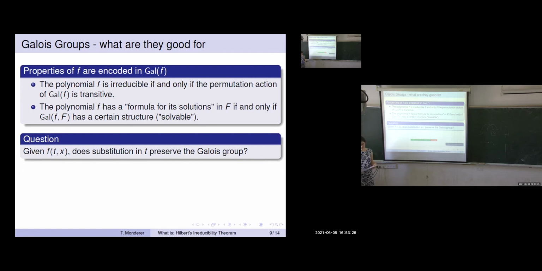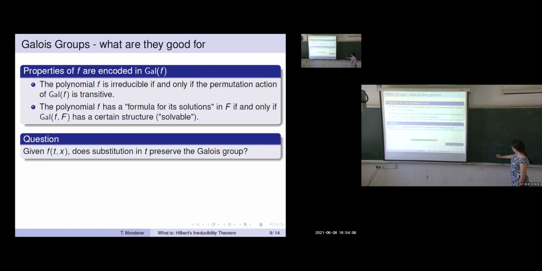Okay, so again, we have our world of polynomials in two variables, t and x, and we have our world of polynomials in x, and we move between them by taking a polynomial in x and t to the polynomial after we substitute a value for t.